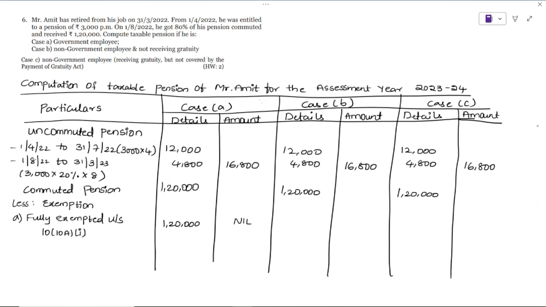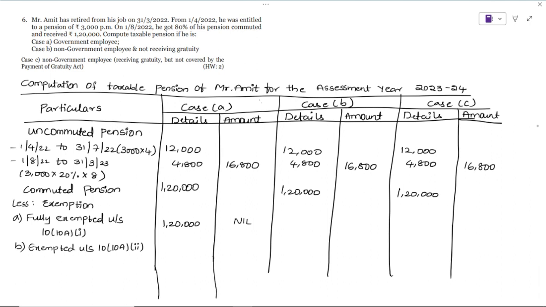This is also exempt. Exempted under section 10, subsection 10A, clause 2.